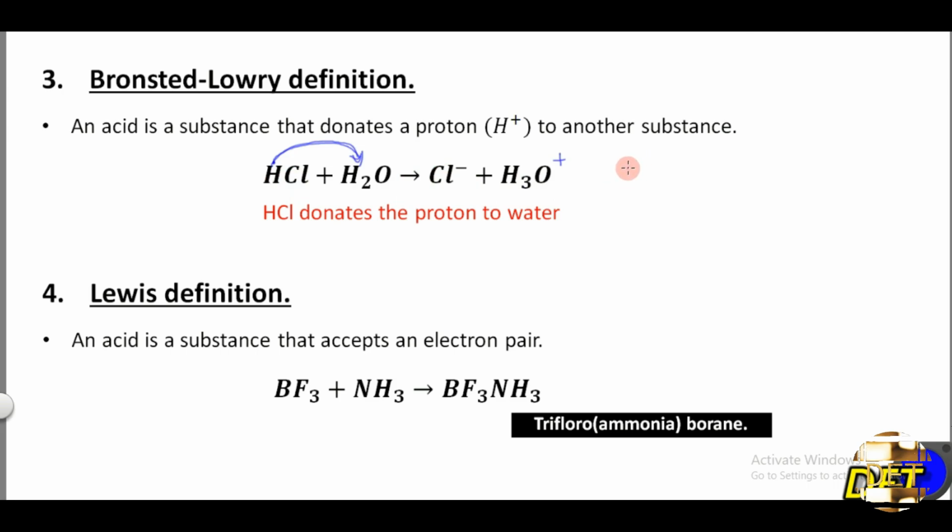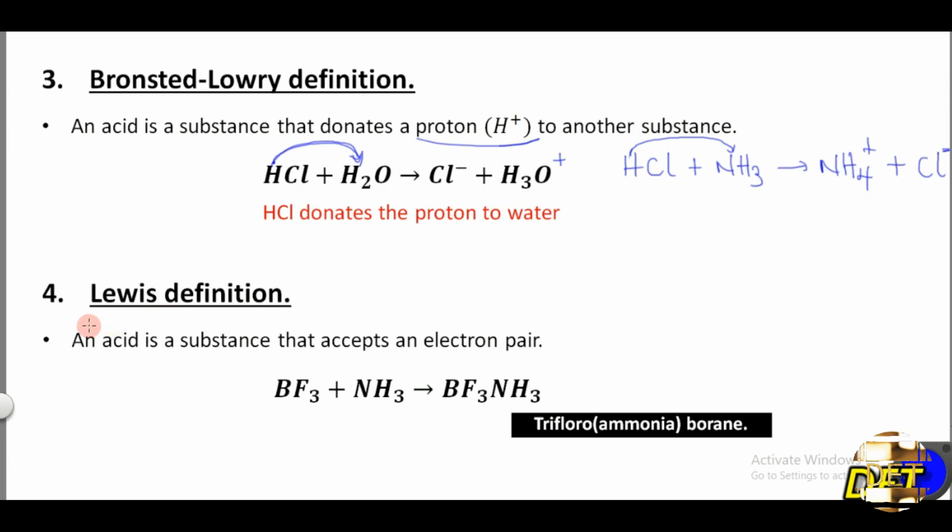Also, when hydrochloric acid reacts with ammonia, this hydrochloric acid will donate hydrogen to this ammonia, and it will form ammonium ion and what? Chloride ion. So the catch here is that, according to Bronsted and Lowry's definition, an acid is a substance that donates a proton, that is a hydrogen ion, to another substance, right?